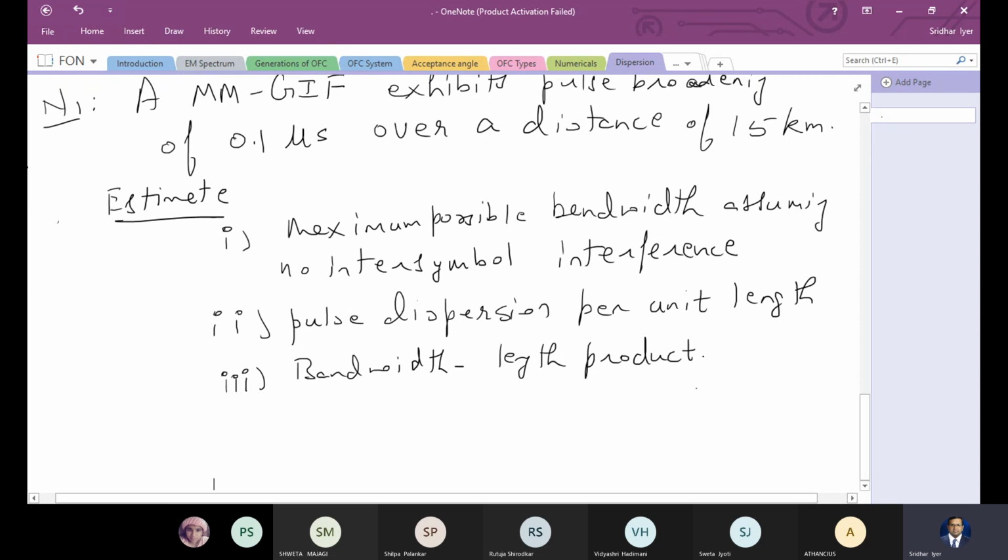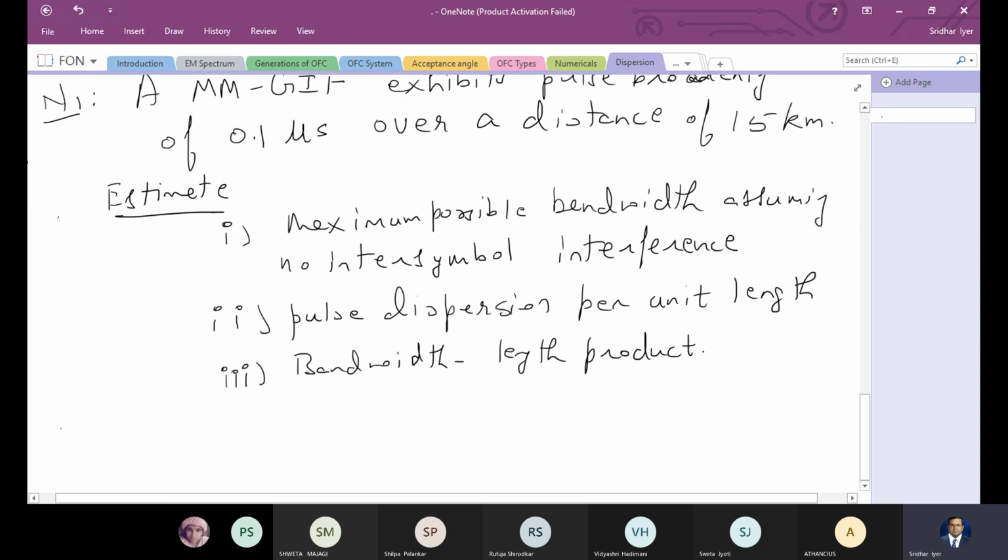This again we are going to see in module 3: the metrics or parameters used to evaluate the performance of a fiber optic communication system, apart from the usual ones like bit error rate or signal to noise ratio. We'll see that this bandwidth length product is another metric which defines how good the optical fiber system is.